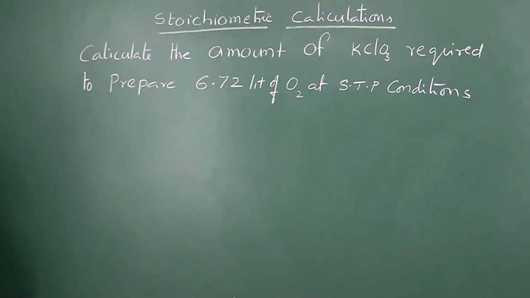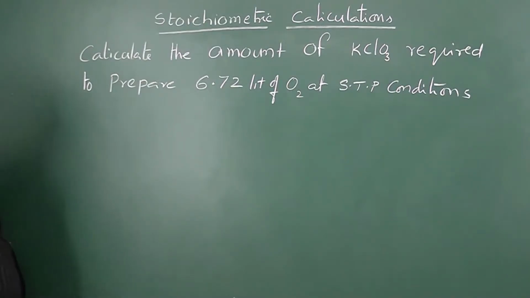Here is another problem. Calculate the amount of KClO3 required to prepare 6.72 liters of O2 gas at STP conditions. We have already done this problem, of course, in a different manner. The oxygen is prepared by the decomposition of potassium chlorate.